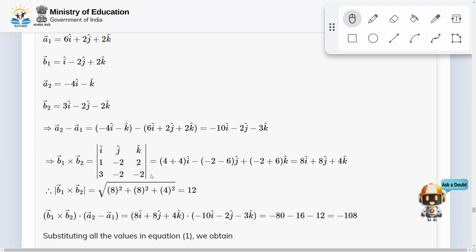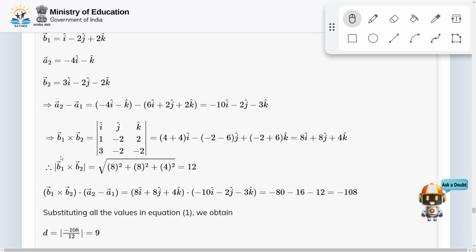Now evaluating this determinant, you will have i hat multiplied with 4 plus 4, minus j hat multiplied with minus 2 minus 6, plus k hat multiplied with minus 2 plus 6. This means 8i hat plus 8j hat plus 4k hat. The magnitude will be root of 8 square plus 8 square plus 4 square, which is 64, 64 and 16, giving 144, and root 144 gives you 12.